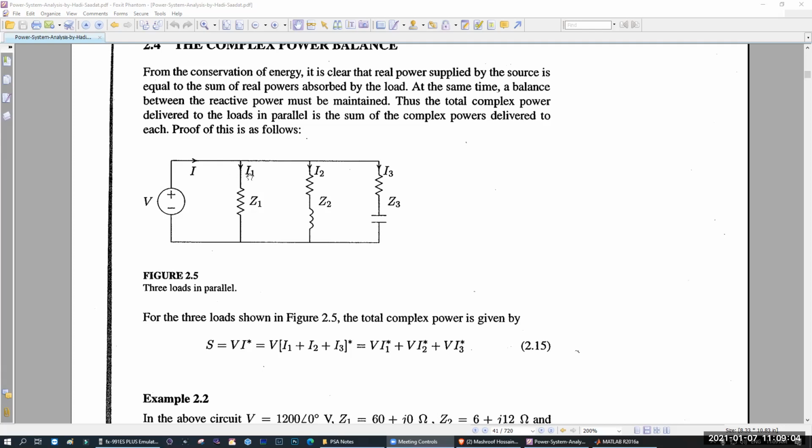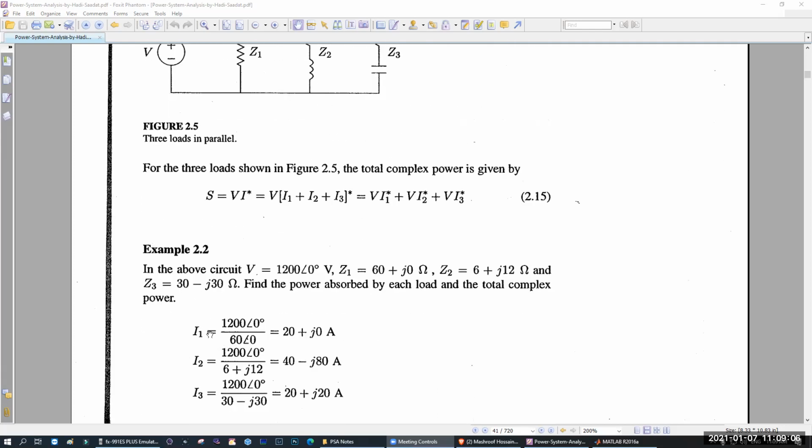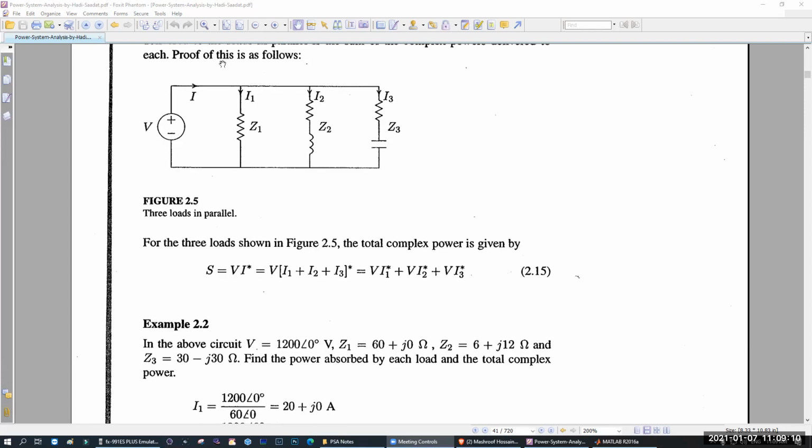So you have to find I1, I2, I3. Because this voltage is parallel to all the loads, here the voltage is the same V, here the same V, and here the same, right?